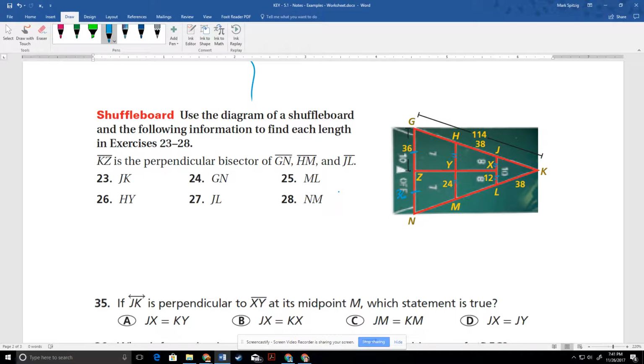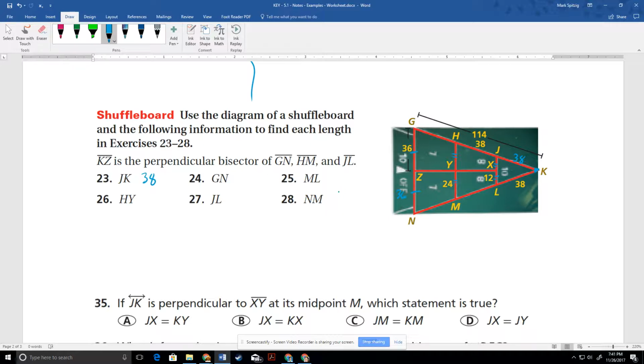So JK is the first thing we are asked to find. Well, if this is 38 over here, then this will be 38 as well. That's because this is on the perpendicular bisector, which means K is the same distance from J and L, right? So it's going to be 38.